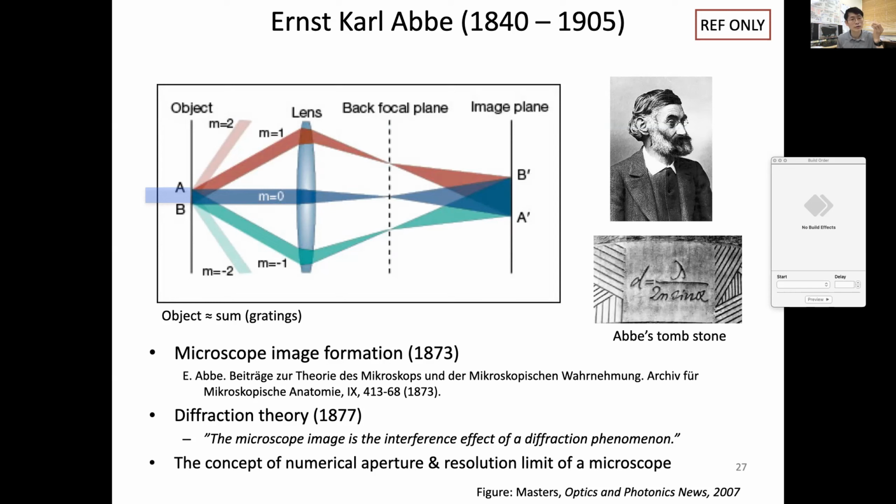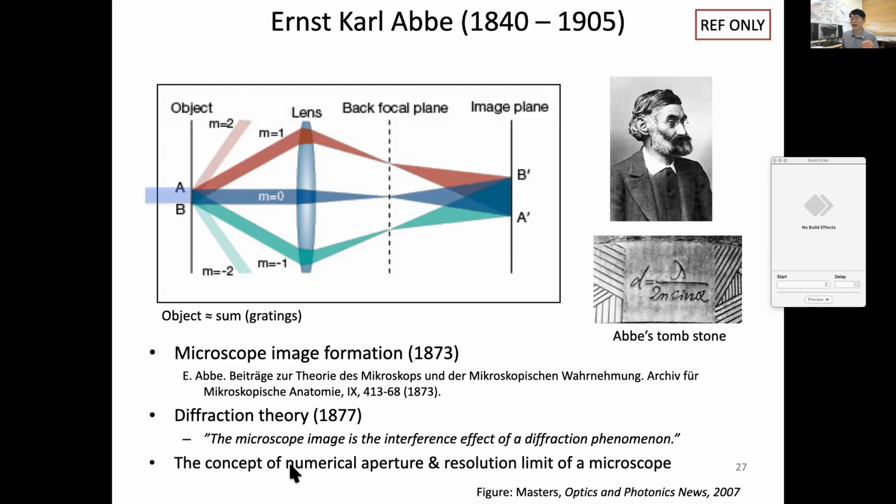Electron is a particle, but electron can also be considered to have a wave nature. That actually led to a Nobel Prize, right? The wave nature of the electron. And so electron can have an exquisite resolution, because it's 10 picometer to 10 nanometer. So remember, electron microscope gives us a very good spatial resolution.